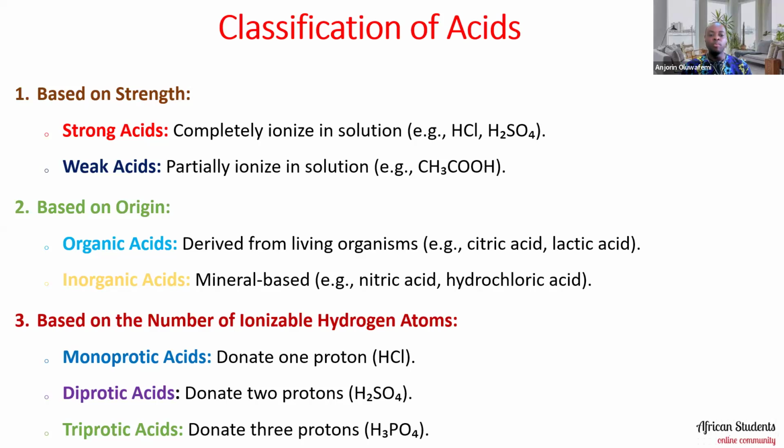We can have monoprotic acid, which donates 1 proton, for example HCl. We can also have diprotic acid, which donates 2 protons, that is H2SO4. We can also have triprotic acid, which donates 3 protons, for example phosphoric acid, H3PO4. So these are the classifications of acids based on strength, origin, and the number of ionizable hydrogen atoms.